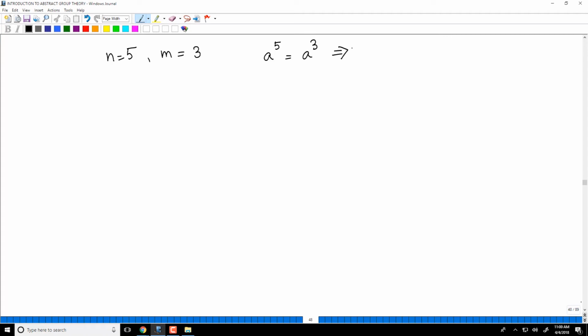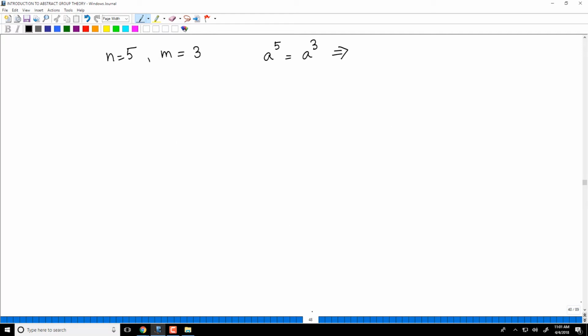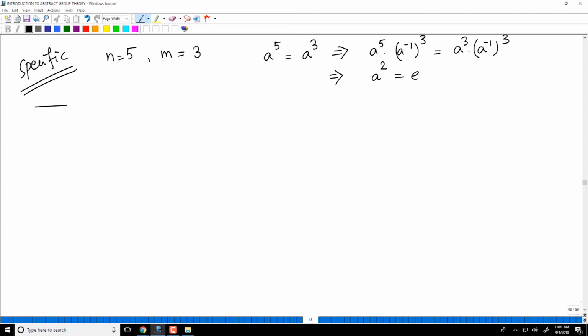If you go back and see, I am multiplying with a power minus 1 whole power the smaller one, which is m. So, here I get a power 5 times a power minus 1 power 3 is equal to a power 3 times a power minus 1 power 3. So, that means I have a product of a 5 times, I will cancel 3 of those. So, I get a squared and here I get e. So, this is just a specific example, so that you understand this.